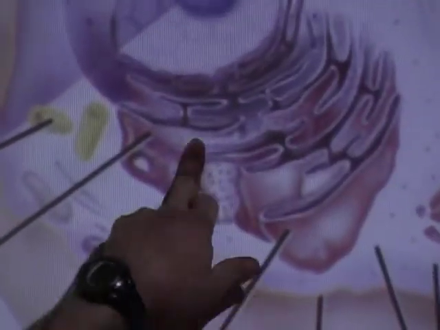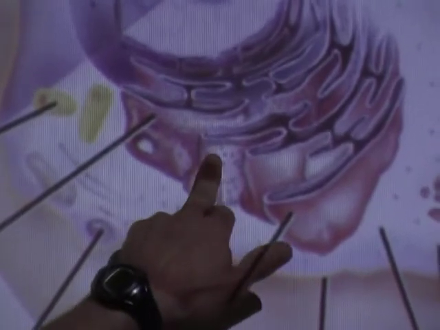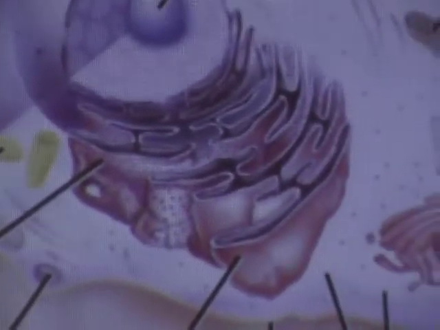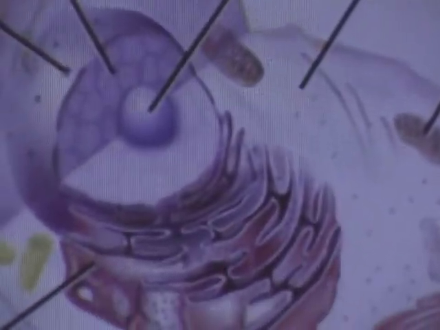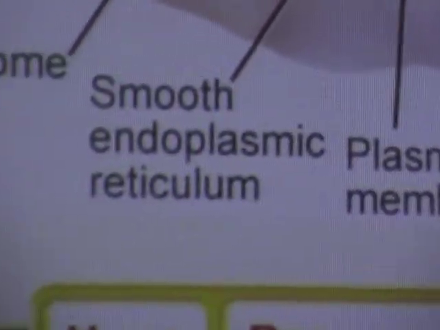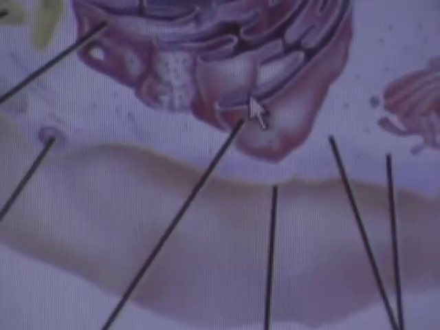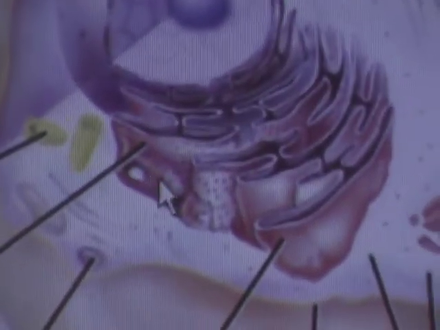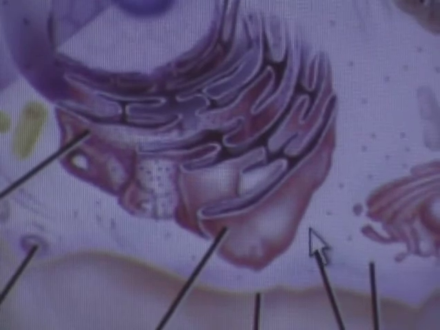Like stubble on somebody's beard? No? Okay. This right here is the smooth endoplasmic reticulum. You see how there are no ribosomes on there? Rough endoplasmic reticulum has ribosomes. Smooth endoplasmic reticulum does not.